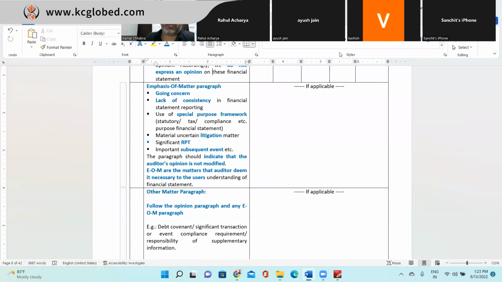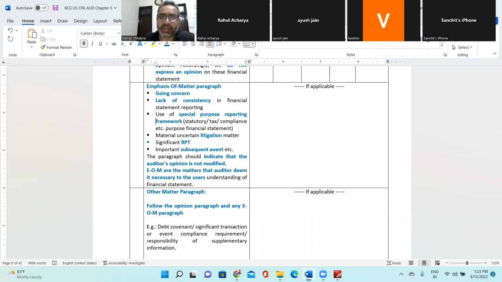In that scenario, you need to specifically mention we are using a special purpose reporting framework. So it can be somewhere we are using cash accounting as well. Cash is not generally for companies. It can be for some specific reason, like how in India we have a tax audit. Right, tax audit. That's for tax purposes. That's a special purpose reporting framework.